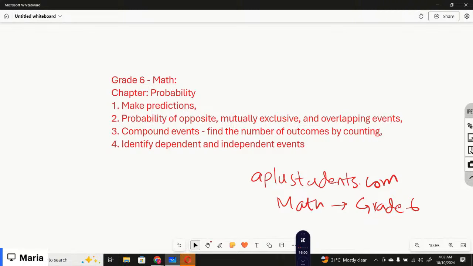We're going to start with the chapter probability. The lessons we're going to cover today are make predictions, probability of opposite, mutually exclusive and overlapping events, compound events, find the number of outcomes by counting, and identify independent and dependent events.